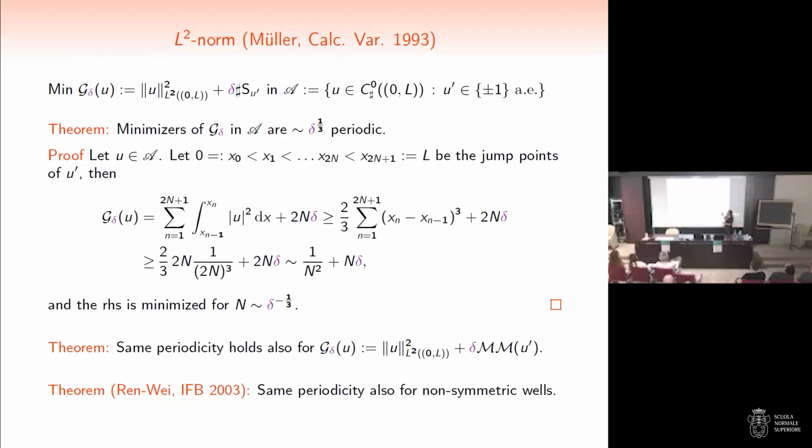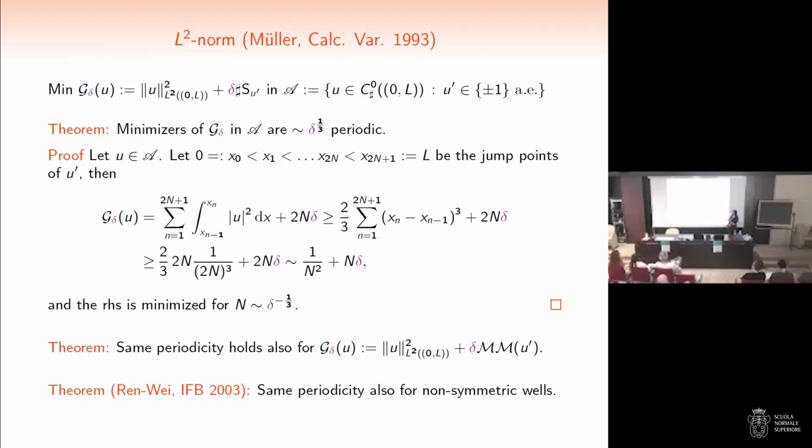What Müller proved is that minimizers of this energy in this class are periodic with a scale that depends on this delta, and the power is 1/3. The proof of this result works like that. Taking a function u in this set, let me denote by x1 to xn the jump points of the first derivative of u.